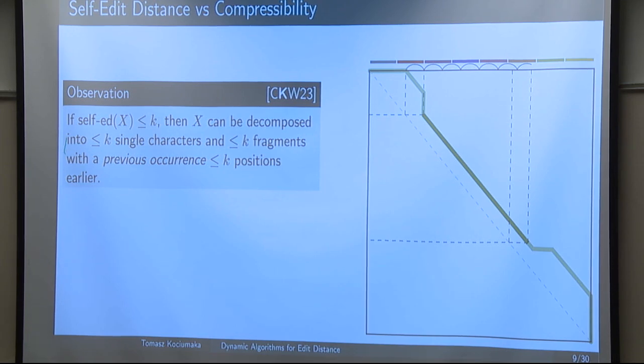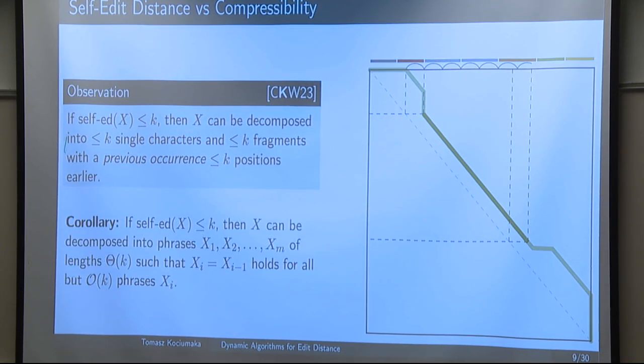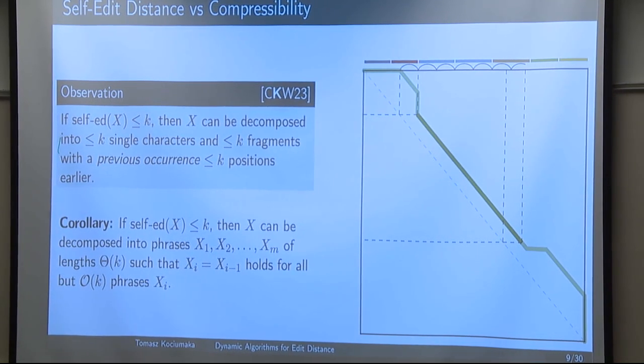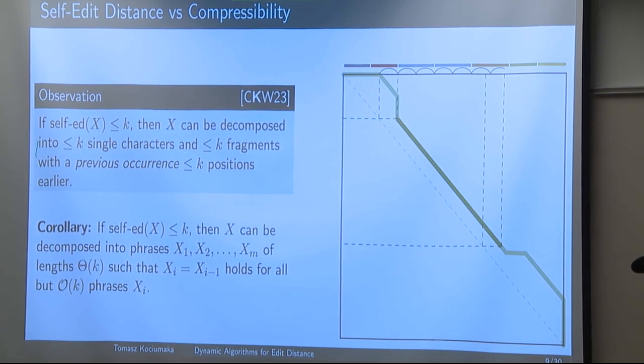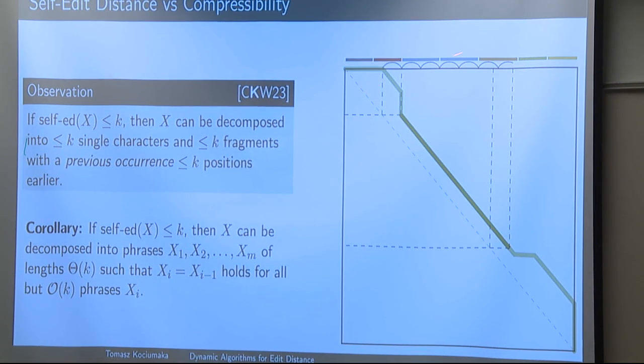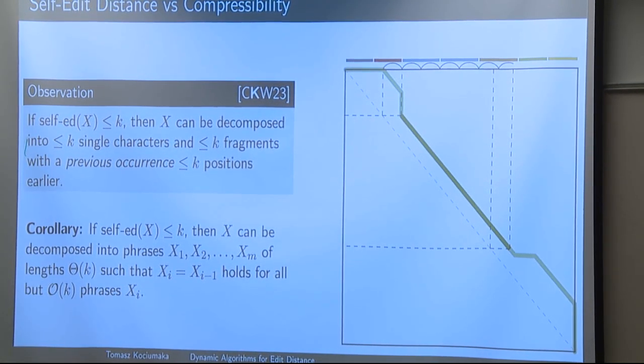If you do it this way, perhaps this periodicity doesn't help, but if you slightly alter the boundaries between the phrases, you can make sure that the number of distinct phrases is quite low. Whenever you have a periodic region, you can make sure that the length of each phrase within this region is some integer multiple of the period, and then every two adjacent phrases of X will be equal.